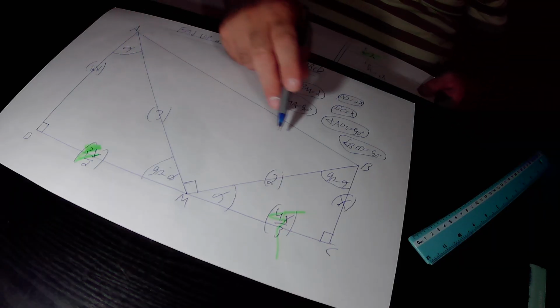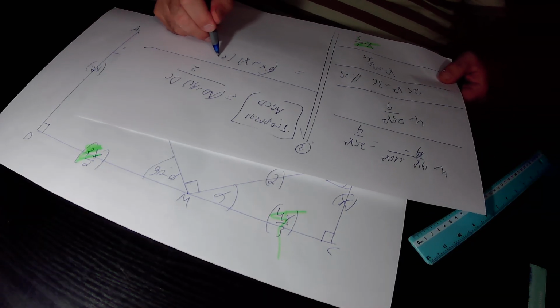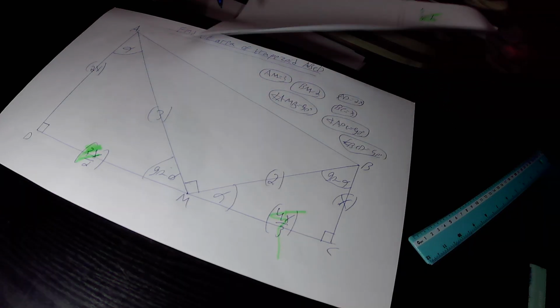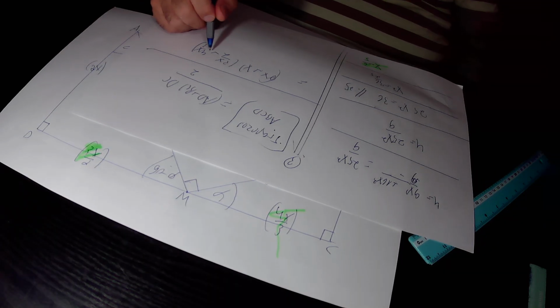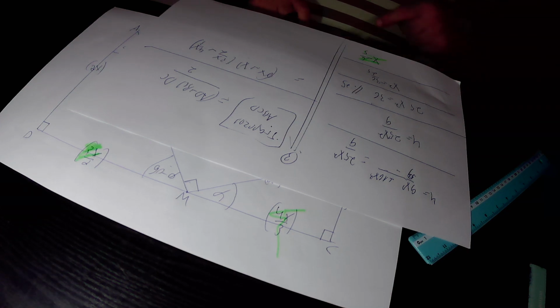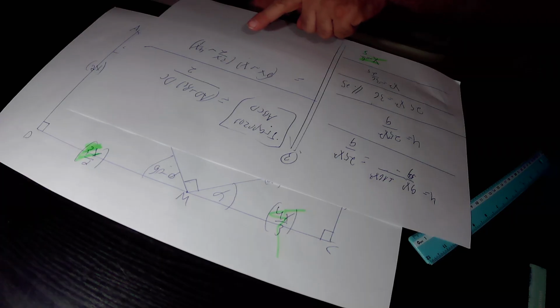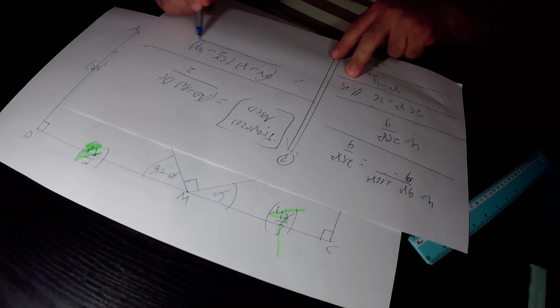The height DC equals 3x over 2 plus 4x over 3. Okay, so in total, we found that the area of ABCD equals 2x plus x times 3x over 2 plus 4x over 3, divided by 2.